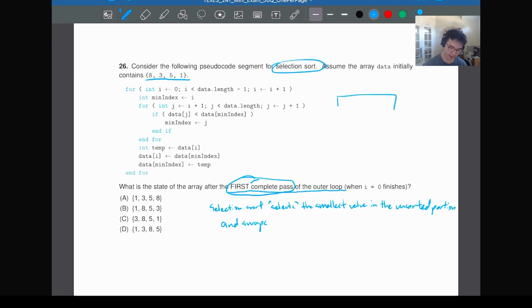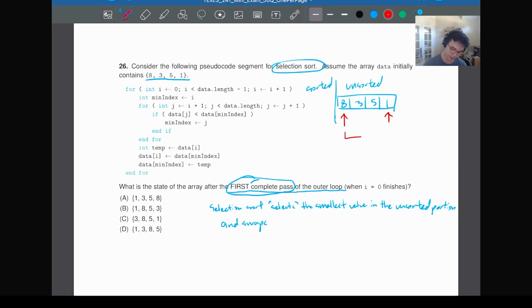Well, we have 8351. Initially, at the beginning, this whole array is unsorted. So what selection sort does is it finds the smallest value in the unsorted portion, which would be here, and it swaps it to the next portion. So the next portion would be here.